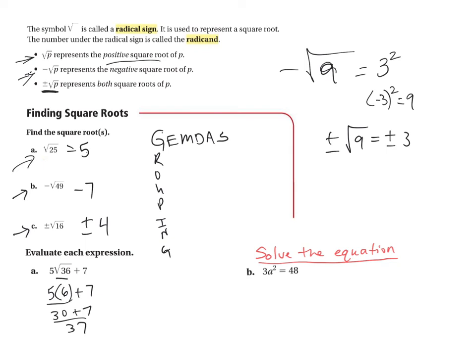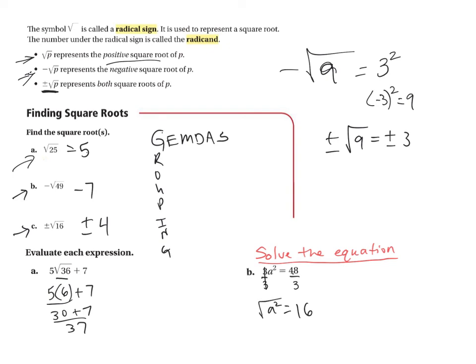All right, so now solving an equation with a square root. We've already done that in the previous ones, but let's solve this one for a. So first thing we have to do is get rid of this 3 to get a squared by itself. 3 over 3 is 1. 48 divided by 3 is 16.